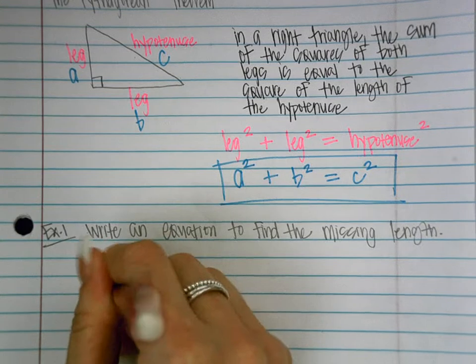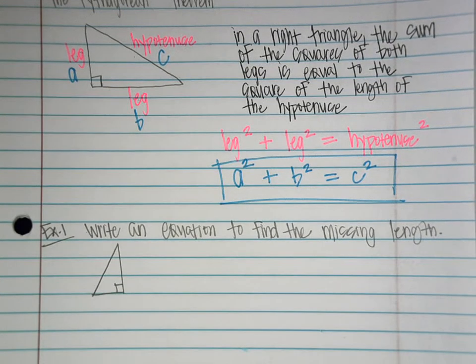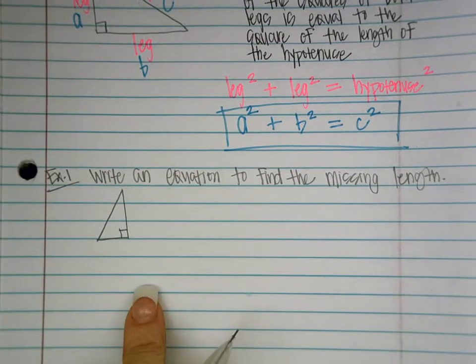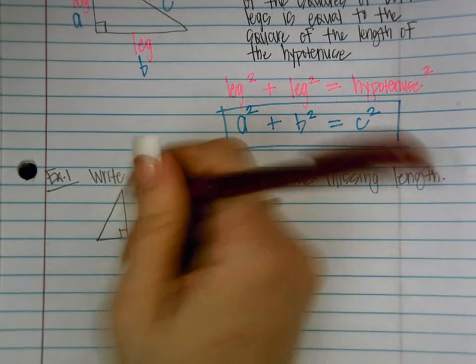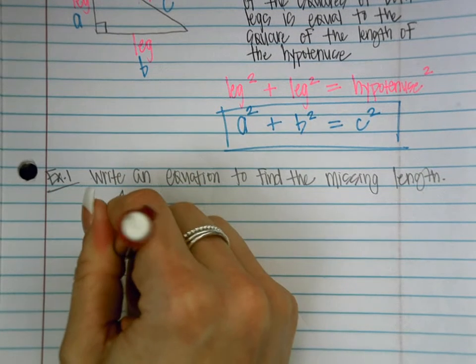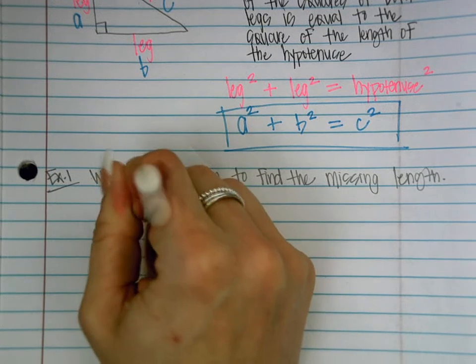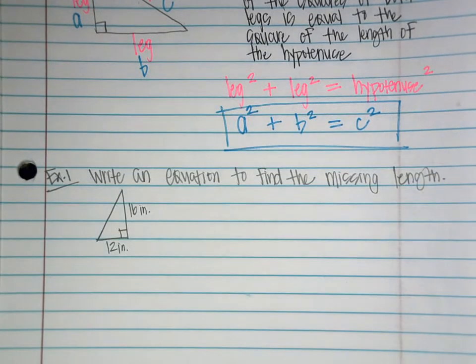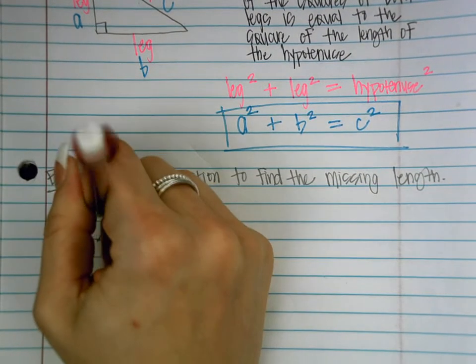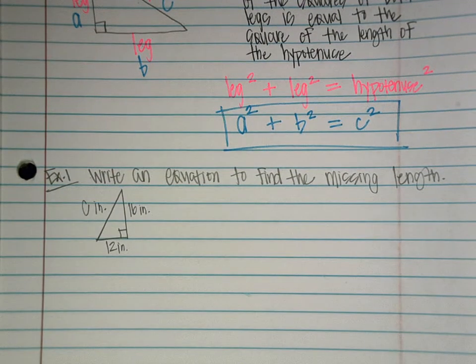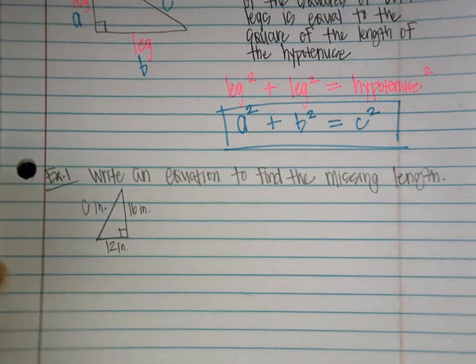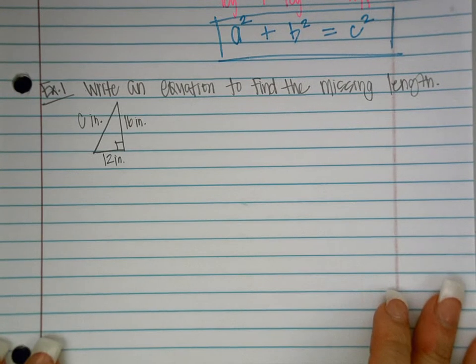I'm going to put a little right angle in the corner and label this. Let's say that this side is 12 inches, this one is 16 inches, and this one is C inches.